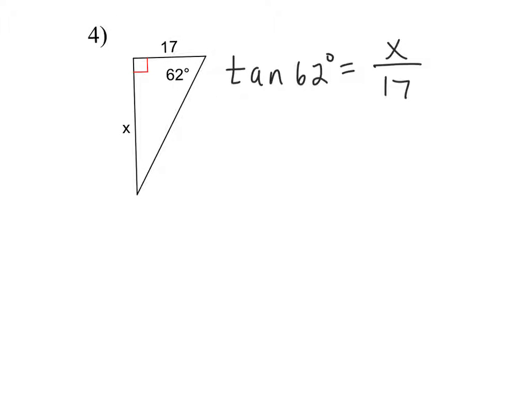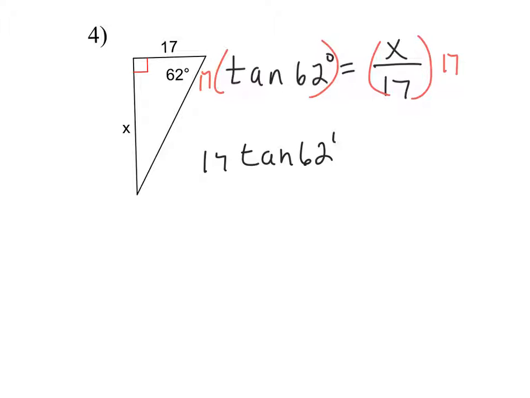Now that we have the ratio set up, knowing that we need to use tan because we have the opposite and adjacent legs, we can solve for x. In this case, it's a little easier because x is already in the numerator, so all we need to do to both sides to get x alone is multiply by 17. So we get 17 tan of 62 degrees equals x.